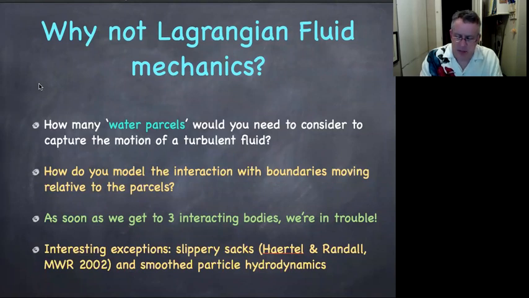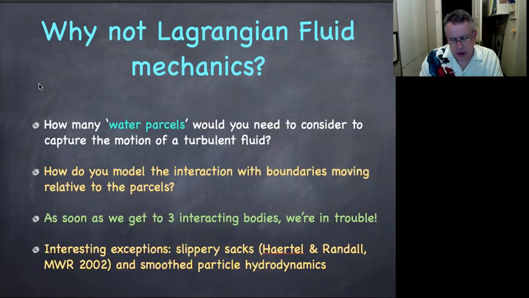It has fluid at many points in space. So exactly how many water parcels would you need, a parcel being a small hunk of water, to consider the motion of a turbulent fluid? You need a parcel at least for every kind of coherent moving part of that fluid, which would be a very large number of parcels.